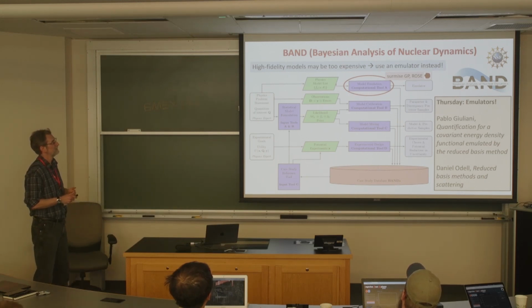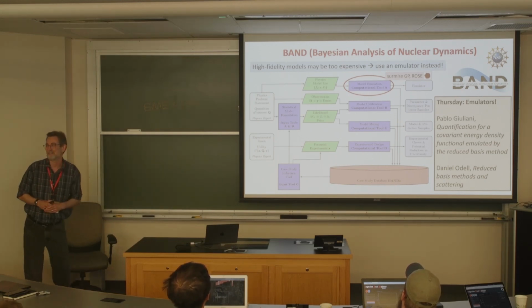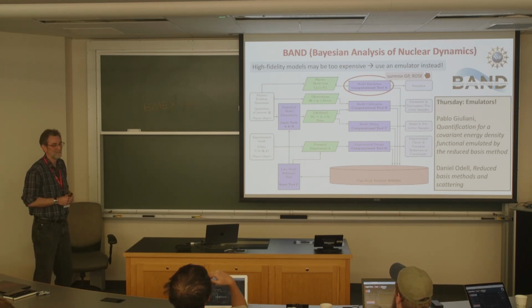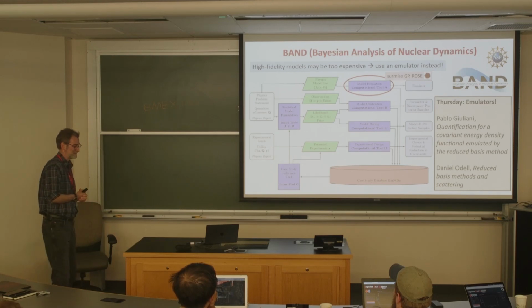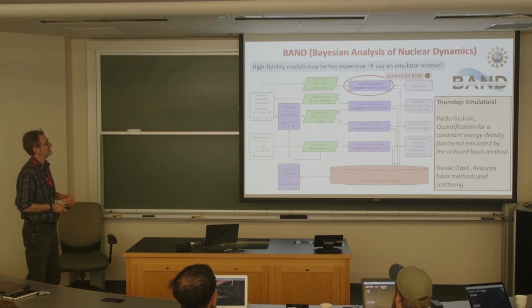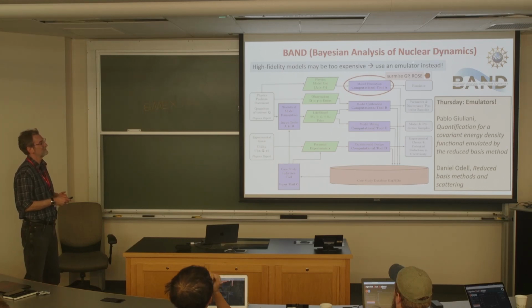Up at the top, emulation. In a line, these high fidelity models are the models that we build to do our calculations. They may be, or maybe always, too expensive, so we're going to use an emulator.